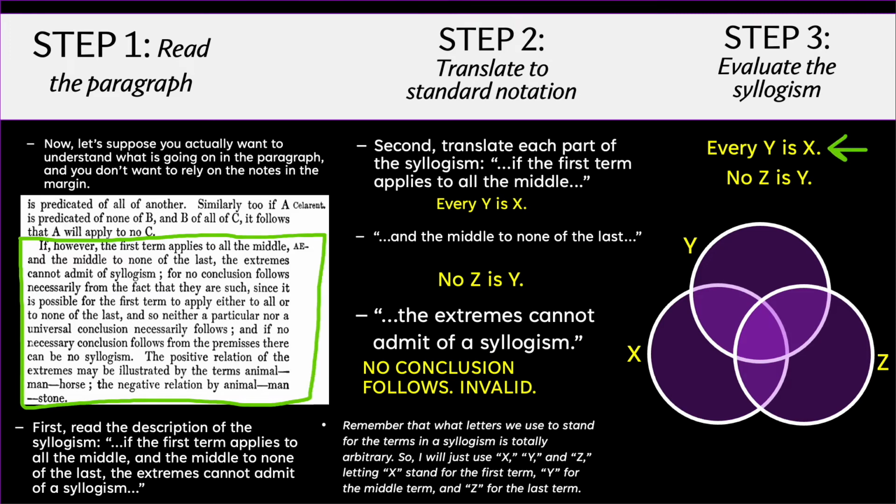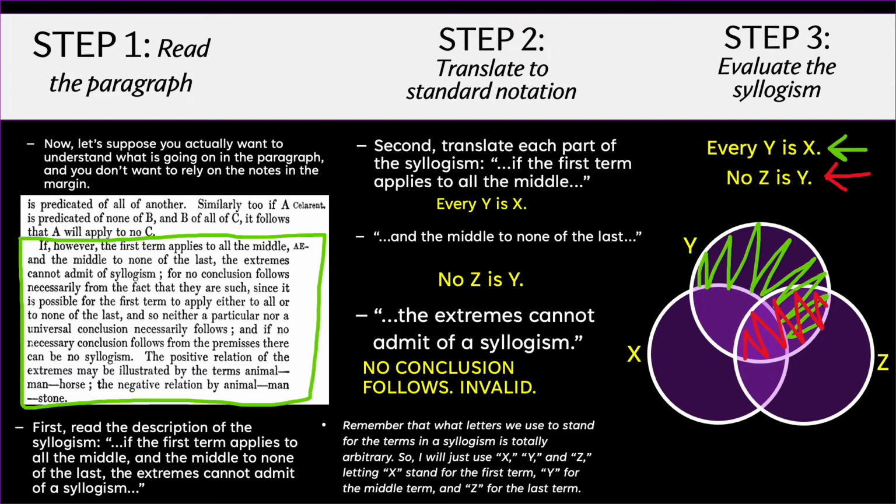Let's first illustrate our first premise. Every y is x. So let's destroy all in the y circle that is outside of the x circle, thereby making the entirety of the y circle contained within the x circle. Next, let's illustrate our second premise. No z is y. We're going to destroy all of the z circle that overlaps with the y circle.